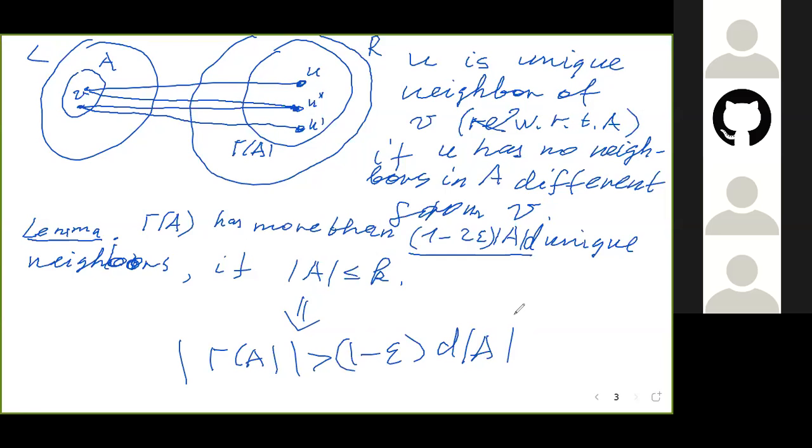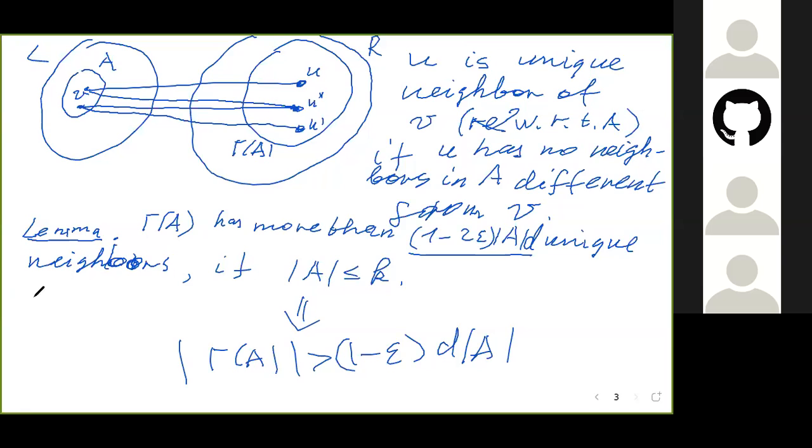But if some node from the right, from gamma of A, has two incoming edges from A, that means that it decreases gamma of A at least by 1 compared to its maximal number d times A. So if we have at least epsilon A non-unique neighbors, then the total number of nodes in gamma of A would be less than 1 minus epsilon times the maximum.